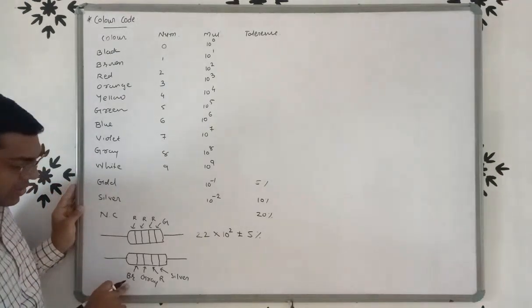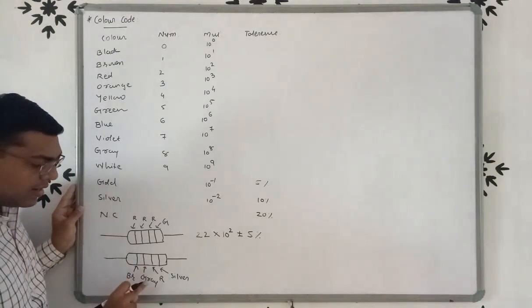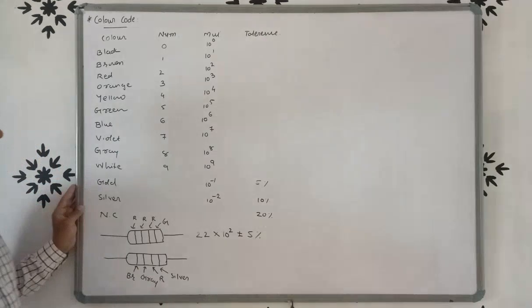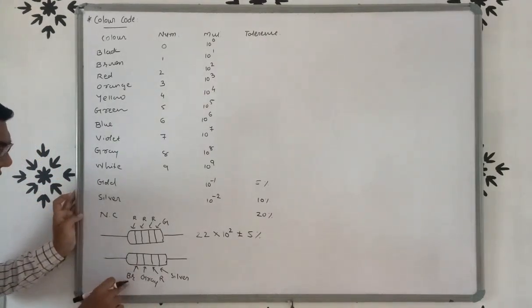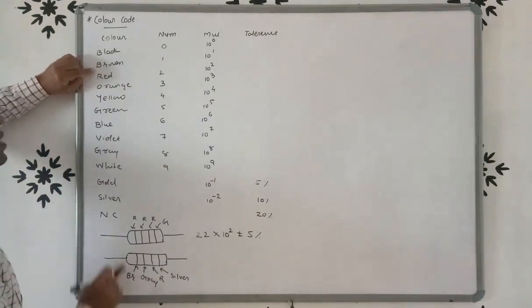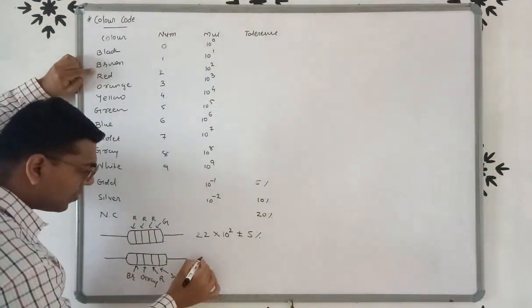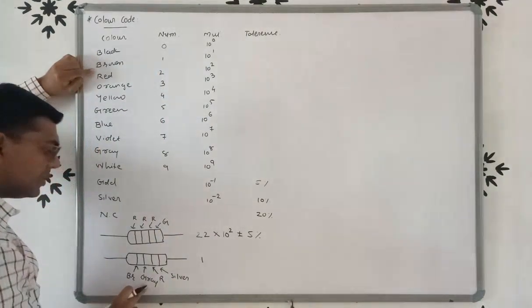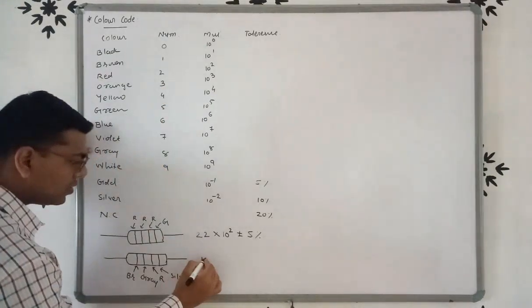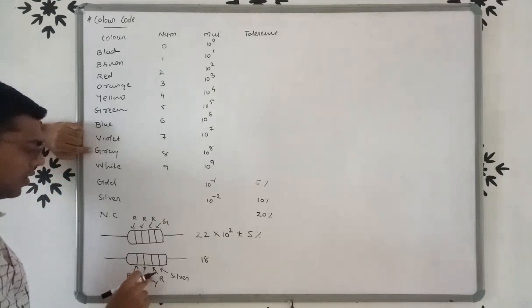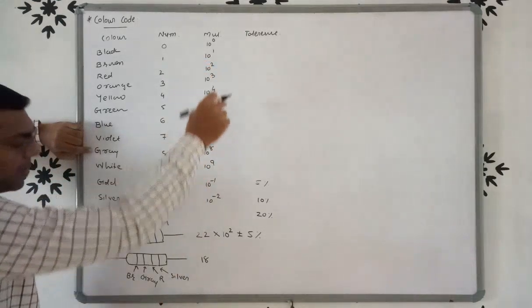Now the first color is brown, the second one grey. So we have to write the numbers of brown and grey. The number of brown is 1. The second color is grey, and the number of grey is 8. So 18. For the third color we have to write the multiplier.